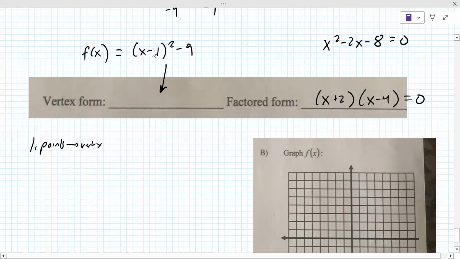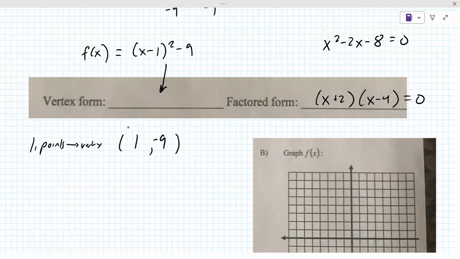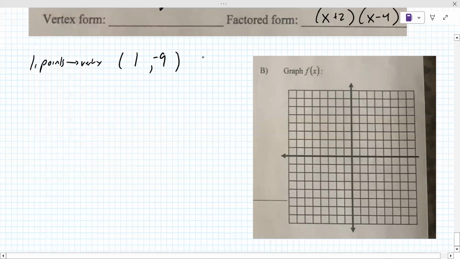In parentheses, x minus 1 squared minus 9. So that is the vertex form, but just the vertex is an ordered pair. All right, so that it ends up being 1 and -9. 1 and -9, which we don't really have room for here.